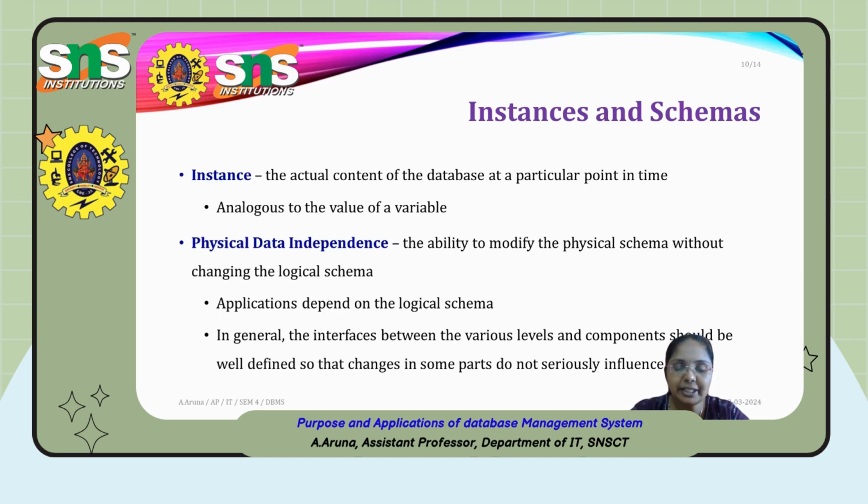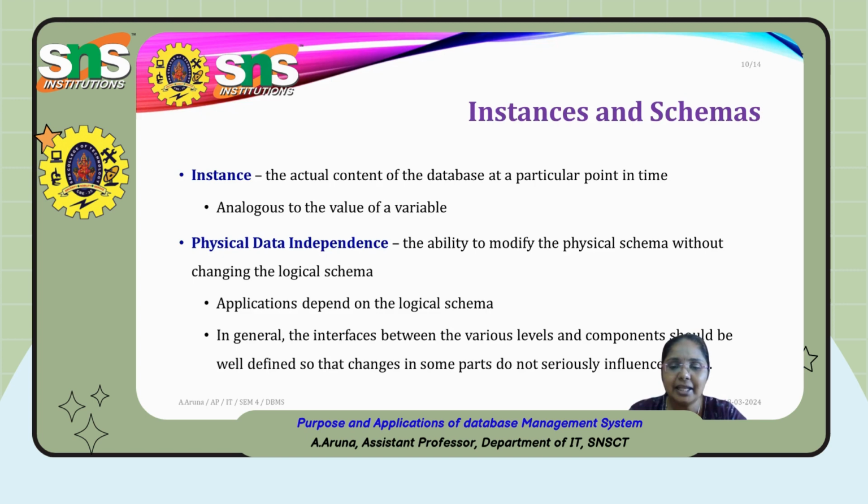And also one more thing is the physical data independence. This is very much needed. If later, as a database architect, I have to modify my physical schema, it should be possible without changing the logical schema. That concept is called physical data independence. Whatever changes I make in the physical schema should not affect the logical schema.